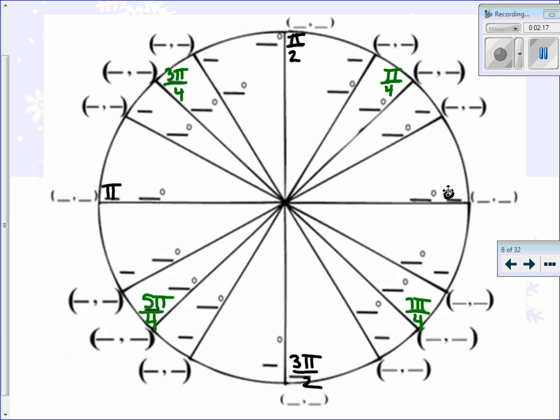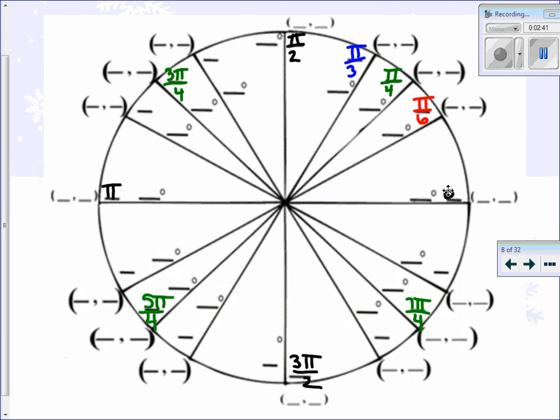So pi over 6 is the next one we're going to talk about. We go up our first slot, and that is pi over 6. We go to the next missing one, and we get 2 pi over 6, which simplifies to pi over 3. We count our black as 3 pi over 6.